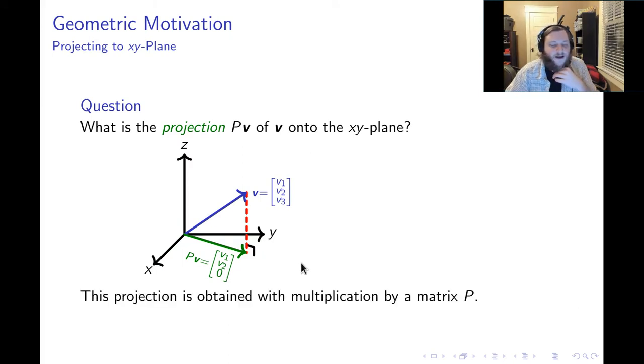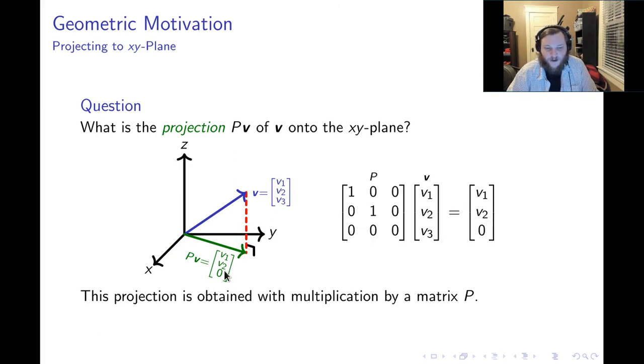And once again, I'd like to point out that this process is obtained by multiplying by some matrix P. What's the matrix P in this situation? Well, the matrix P that transforms a vector (v1, v2, v3) into a vector (v1, v2, 0) is almost the identity matrix, but here we're going to look at the identity matrix with the third one on the diagonal zeroed out. When I take this P and multiply by (v1, v2, v3), I produce the vector (v1, v2, 0).